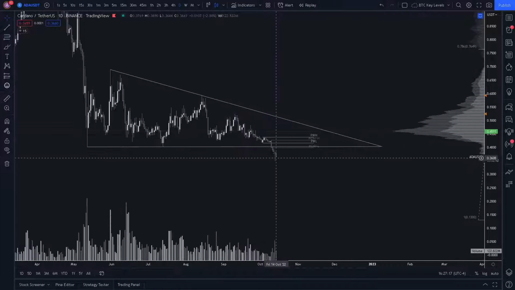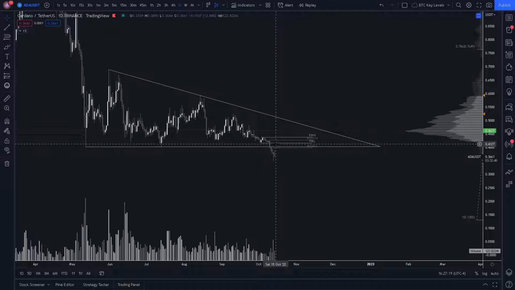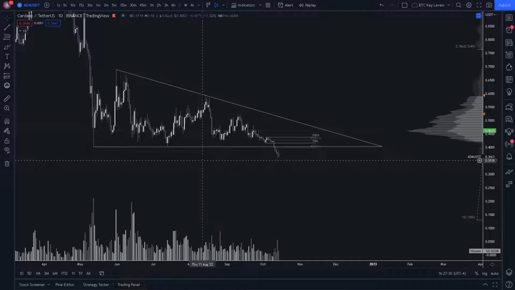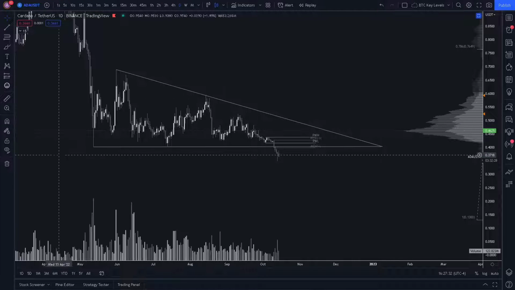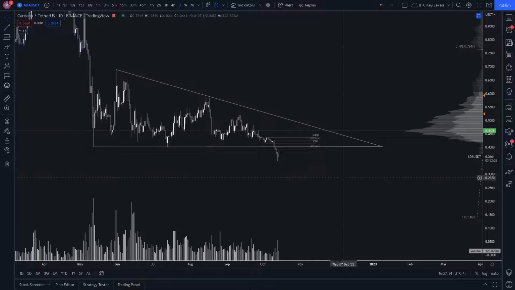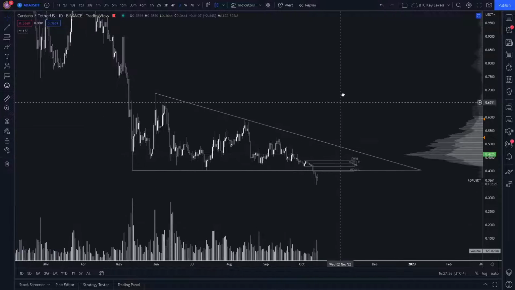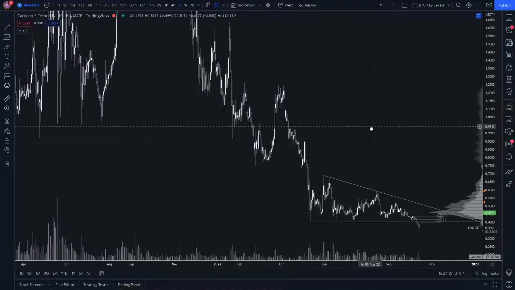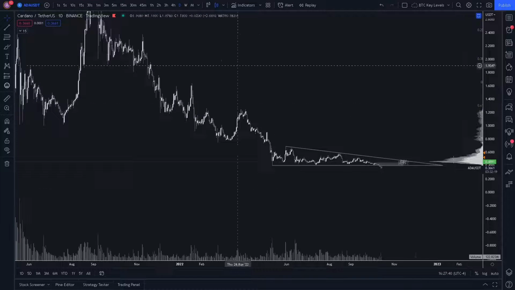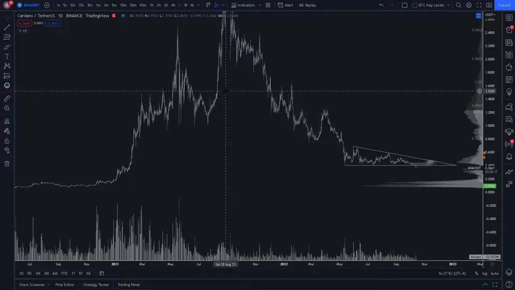And when I was looking at ADA, I 100% did not want to go long here because I saw these equal lows. If I wanted to go long on ADA, I was going to wait until these equal lows get taken. But now that it's taken, we have to now try to find out exactly how much lower it's going to go, because ADA has just been grinding down since August 2021.